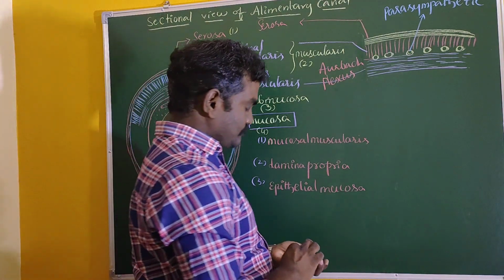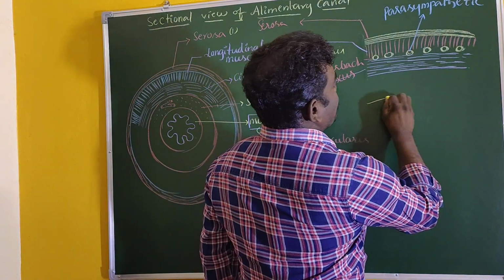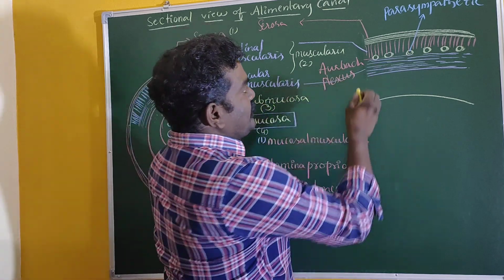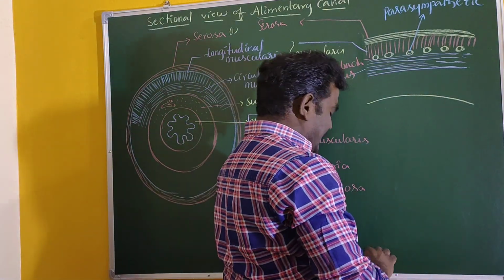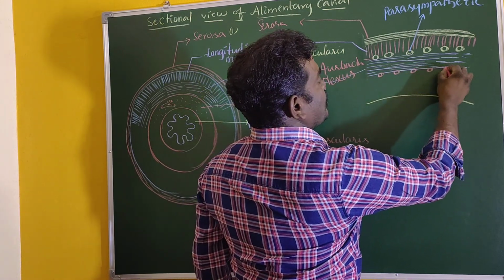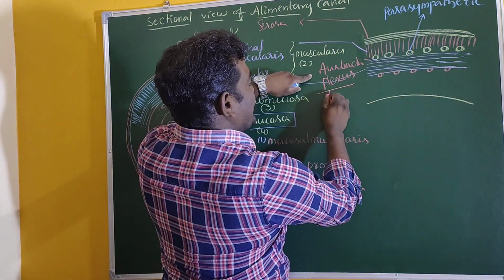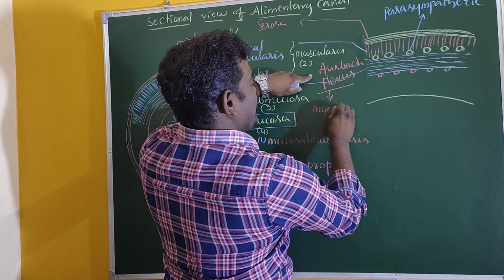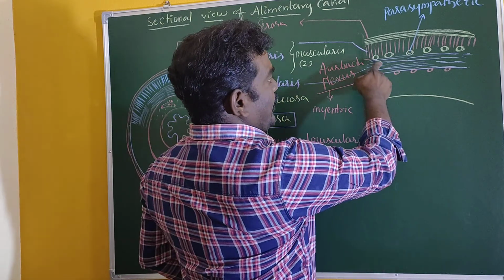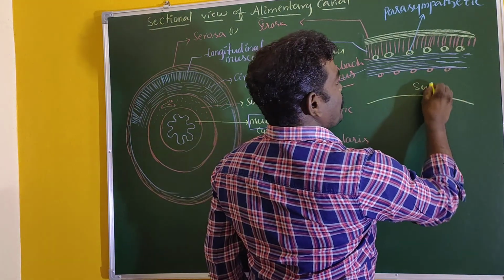Next layer is submucosa. This submucosa appears like this. Between the circular muscularis and submucosa, we find another kind of plexus. These Auerbach's plexuses are also termed myenteric plexuses.